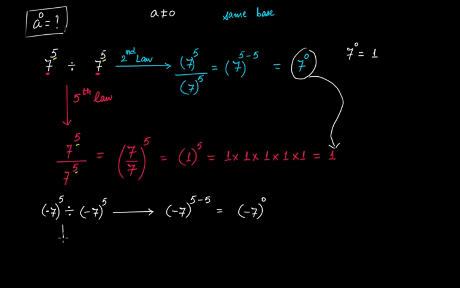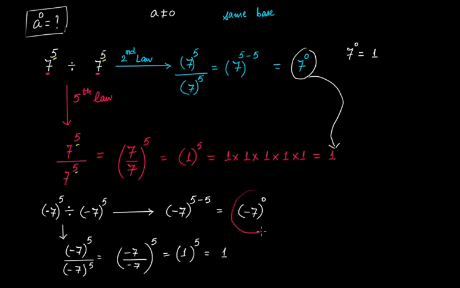If you take the fifth law of exponents, then we are dividing two powers having the same exponents. So this becomes minus 7 divided by minus 7, and this is to the 5th. This is 1 to the fifth power, and this becomes 1. And this minus 7 to the 0th power should be equal to 1, right?